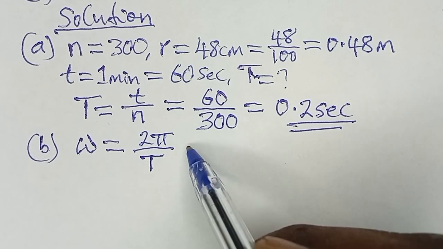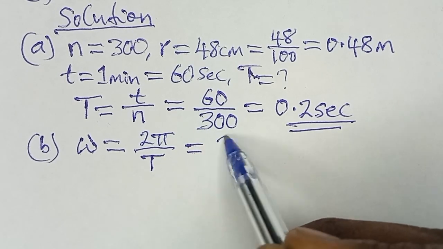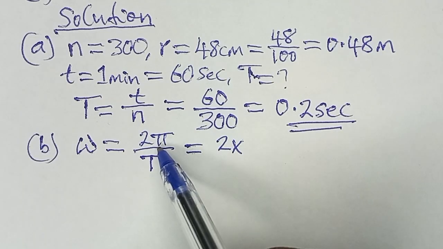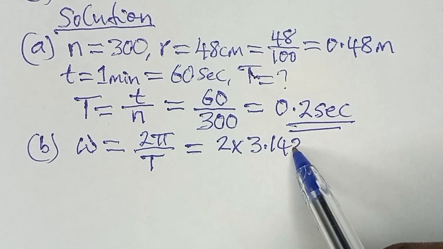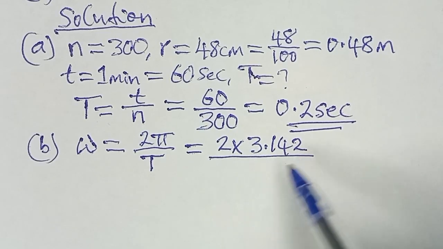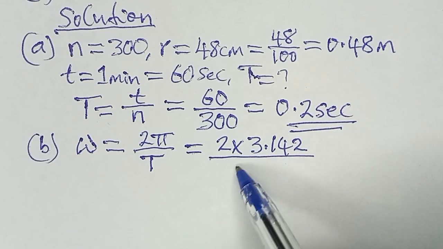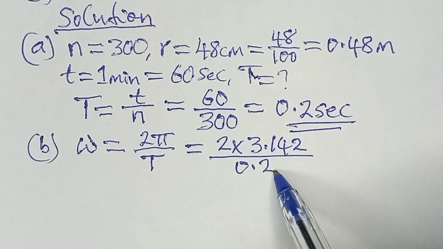Now, let's substitute values. So we have 2 multiplied by the value of pi. I'm going to take 3.142. And then all divided by the period that we just obtained now, which is 0.2.